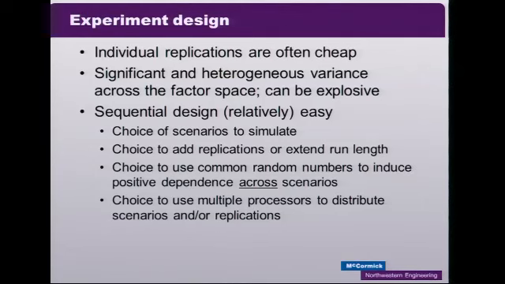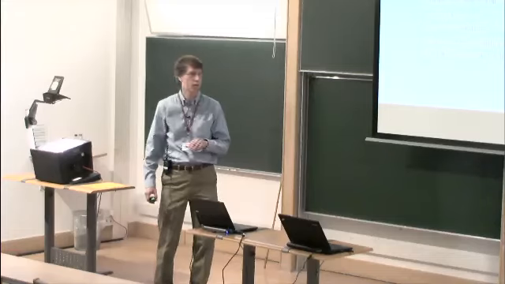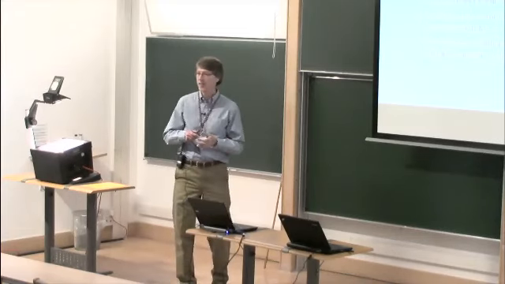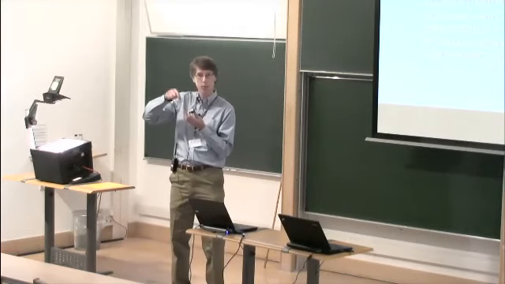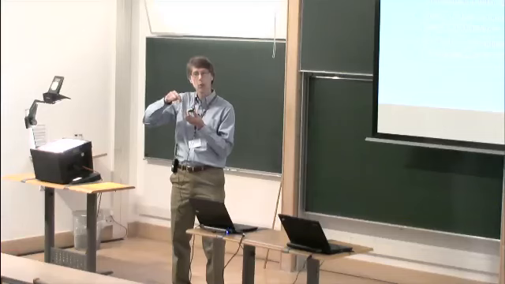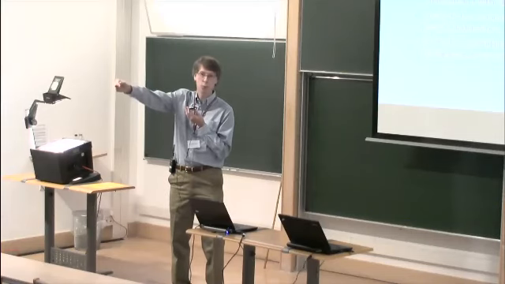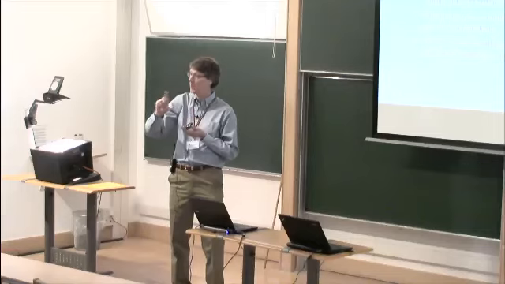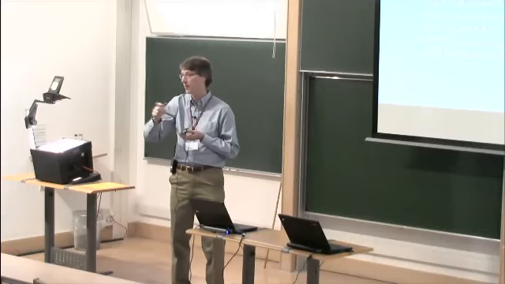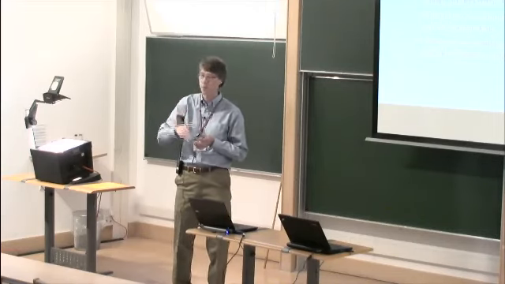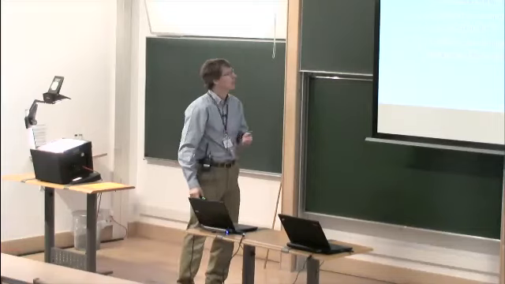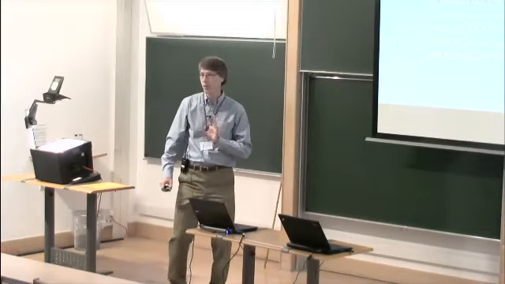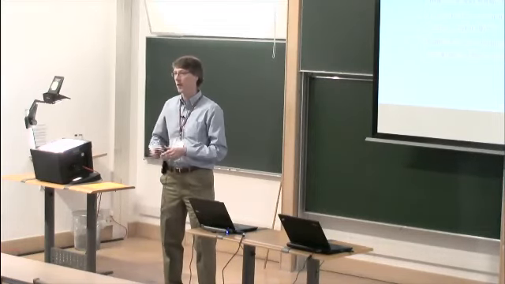And the things that we deal with in experimental design are the following. The choice of which scenarios to simulate, which settings of the factors that we can control. The choice to add replications to a particular factor setting, or in some cases to simply increase the run length, the amount of time we observe the stochastic process at that setting. And sometimes those two things can be traded off as ways to increase the effort and reduce the variance. The choice to use common random numbers to induce positive dependence across scenarios.